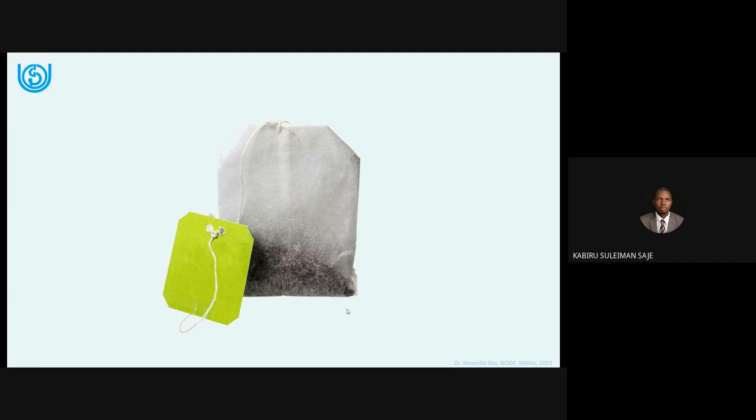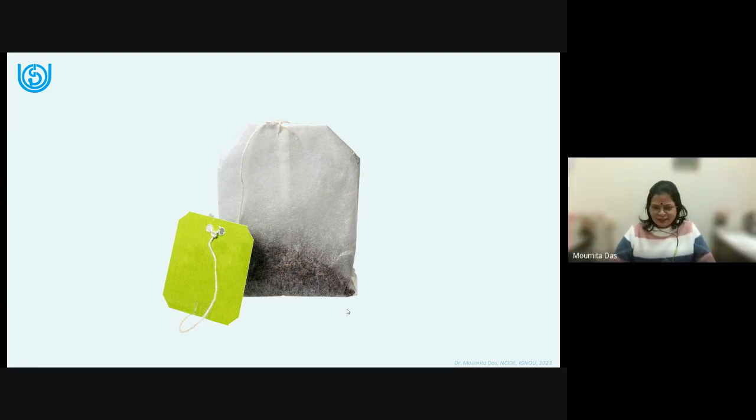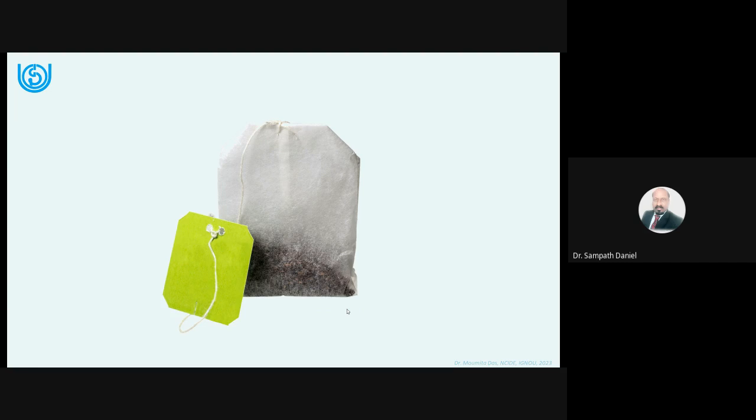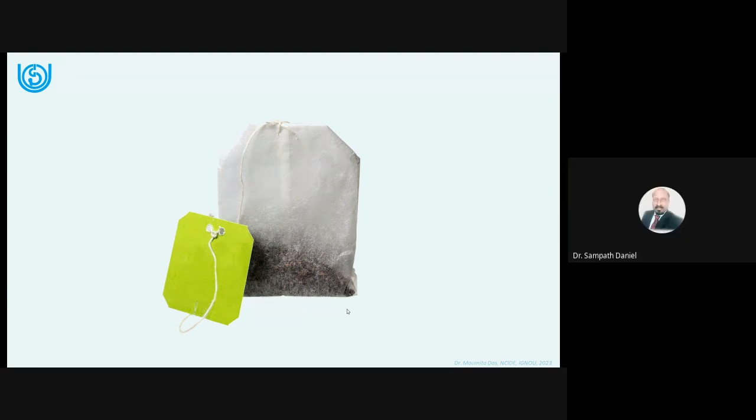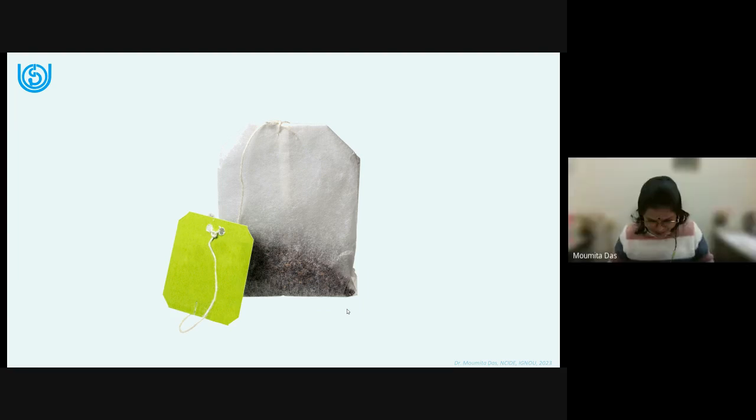No, it's not leather. It's a filter, it's a paper, and then it's got a thread attached to it. It's got a tag, and it's got a quantified amount of tea inside for a cup of tea. Yes, so this is what I wanted to know.